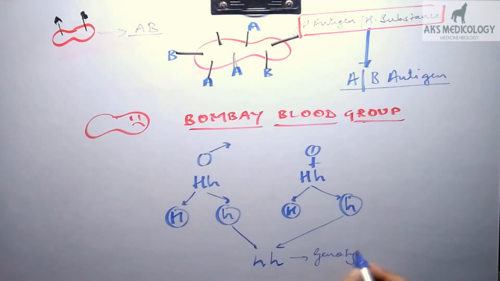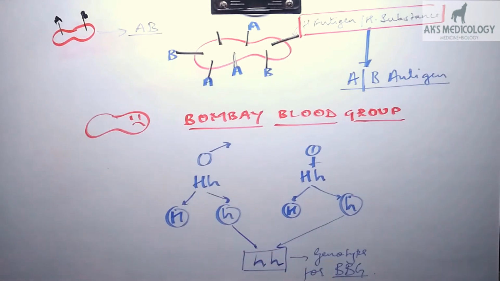for Bombay blood group, and individuals having this genotype would have a blood group called Bombay blood group. This is a recessive genotype, which means that H antigen or H substance won't be able to express.